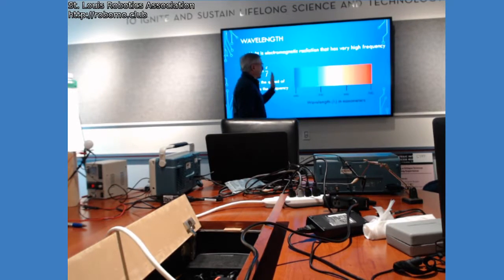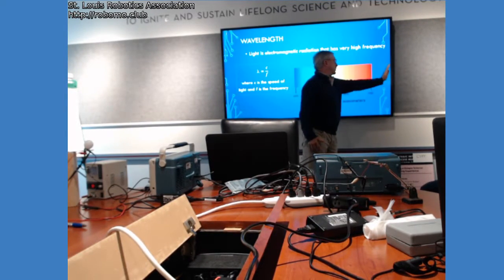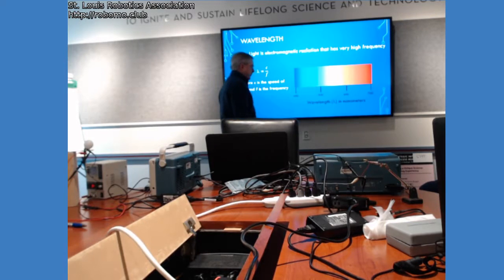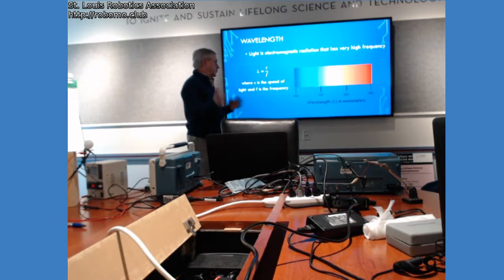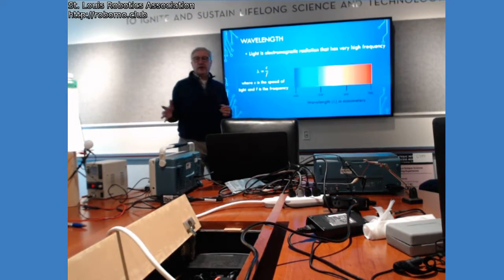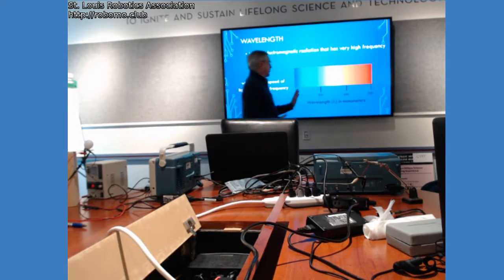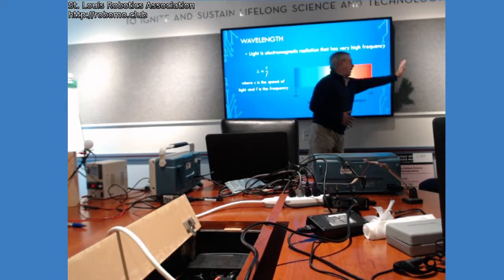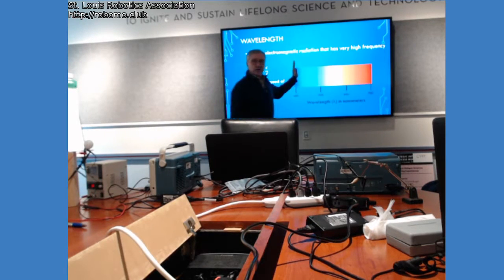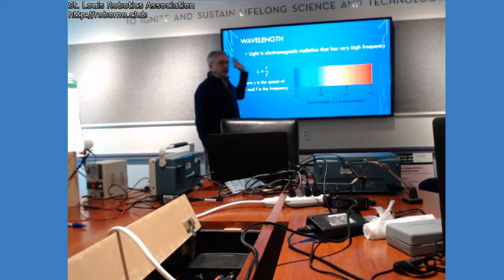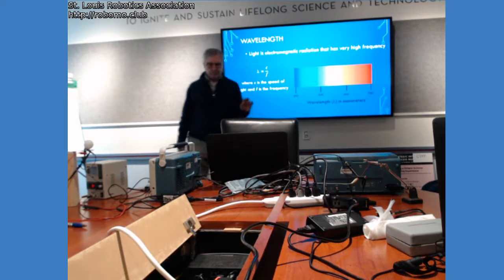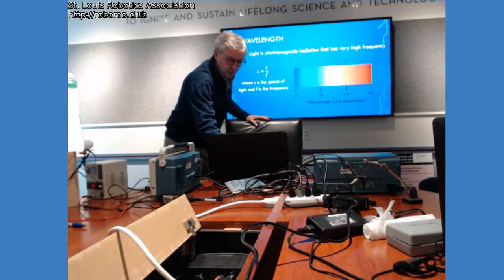Out here is ultraviolet, out here is infrared, and most of the sources and detectors that we would be using are going to be either in the visible range or out here in the infrared. It's very unusual, there are ultraviolet detectors. I don't think anybody's going to be using those.